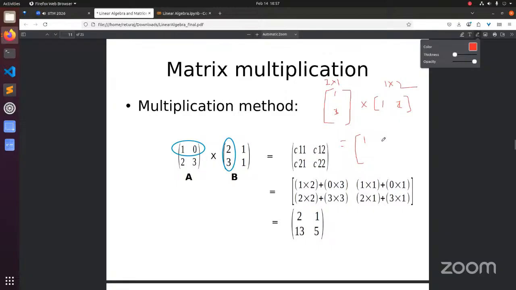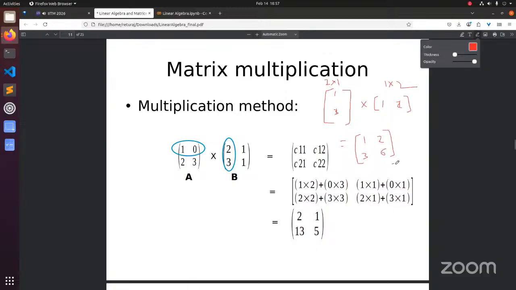What should I write for the second element? 2, sir. 2. And this element? 3, sir. 3. Another element? 6, sir. 6. Anything else that I should write, or is this enough? This is the final answer.